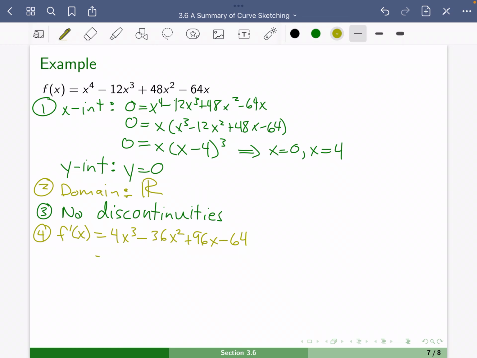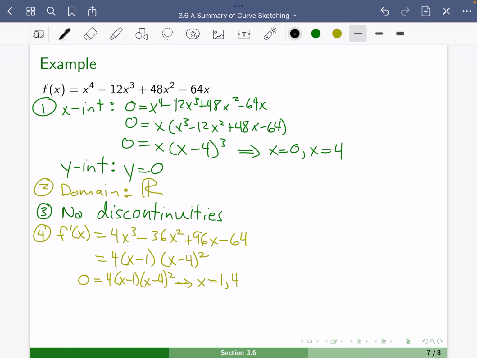We can factor that into 4 times x minus 1 times x minus 4 squared. Setting it equal to 0 would tell us that x is equal to 1 or 4. So those are the points that we're going to split up our intervals at.